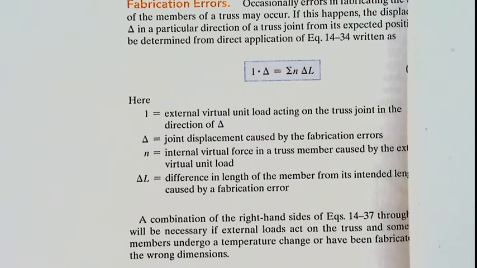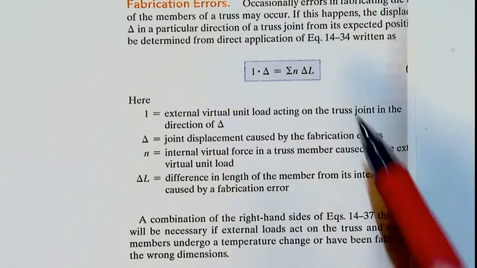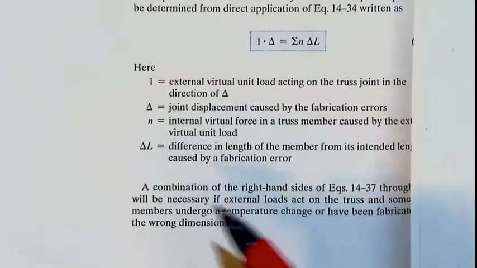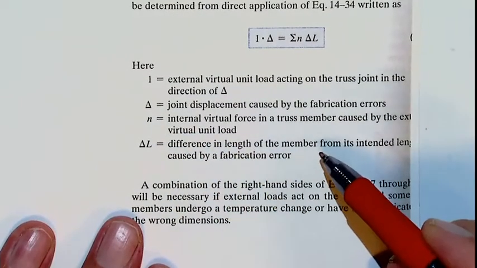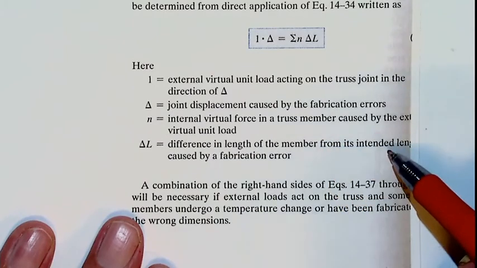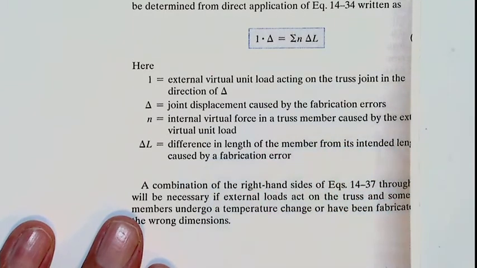They deliver you the bars or beams, but very often one is a bit longer, another is a bit shorter. There is scatter in preparation. So as a result, we can calculate this delta L, the difference in length of the member from its intended length caused by fabrication error.